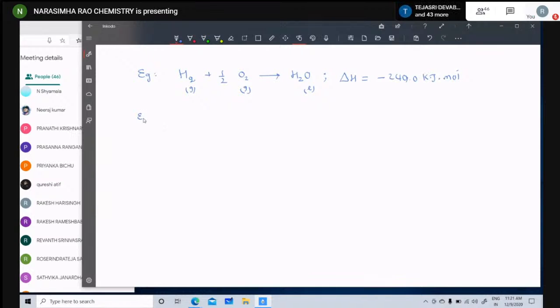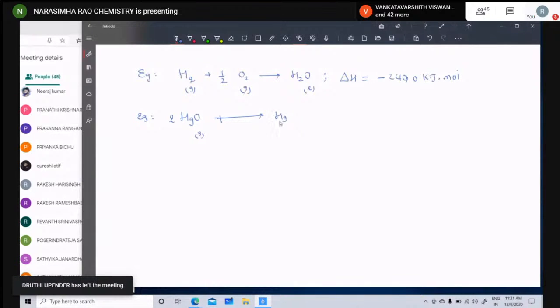Now I am shifting to example 2. Mercuric oxide, HgO, in solid state, 2 moles, I am heating. It decomposes to Hg, 2 moles, in liquid state, plus gaseous oxygen, O2.